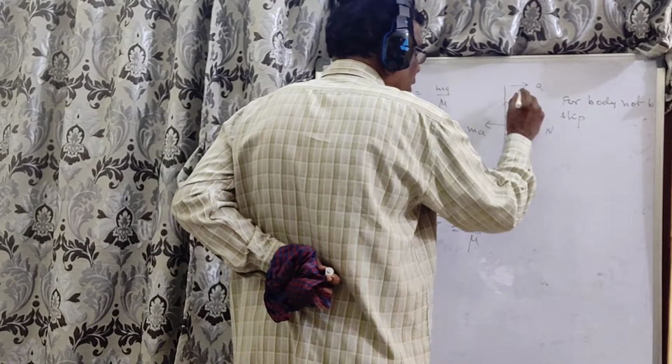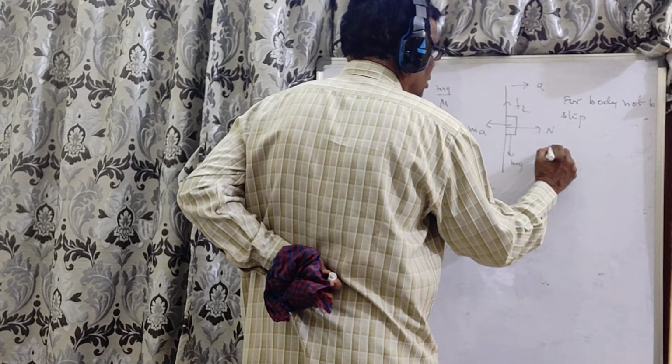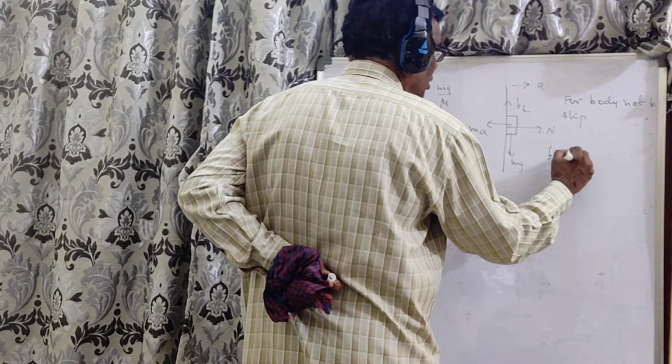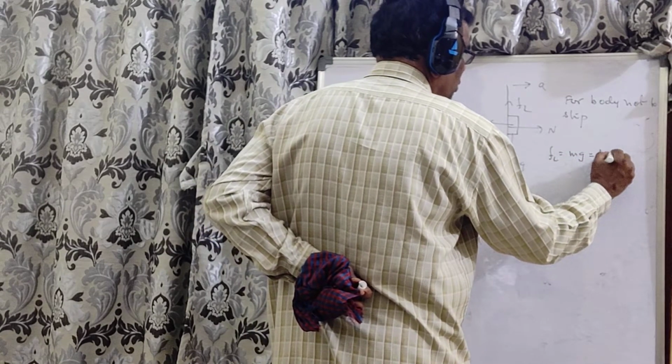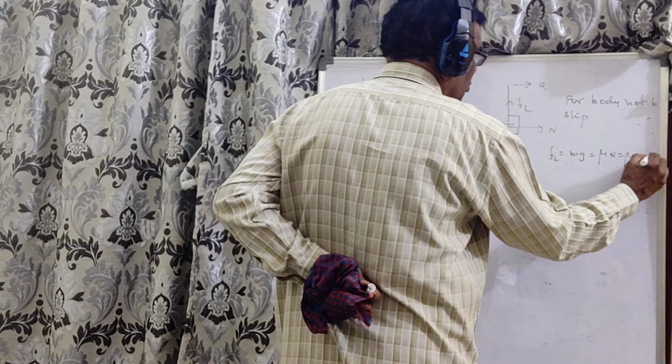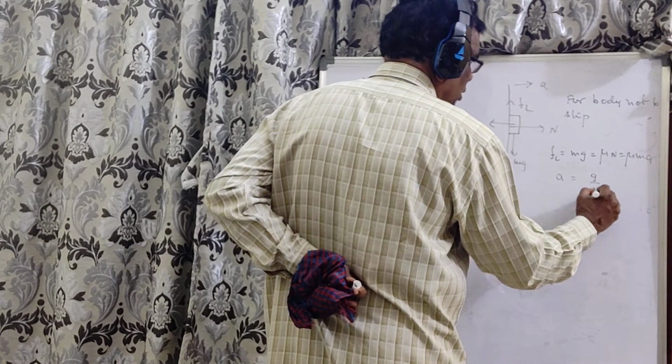Not to slip means FL is equal to mg, FL is mu N, is mu mA, so A equals g by mu.